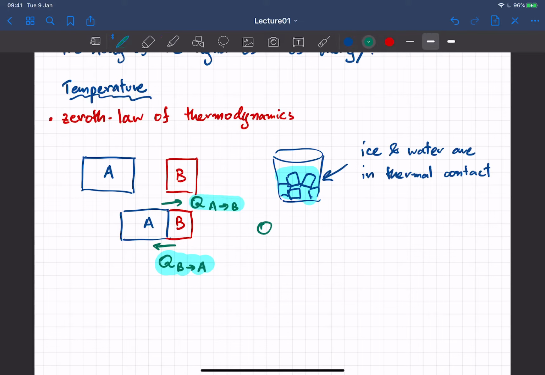So Q is the flow of energy. Sometimes we call this heat. And this is the definition of heat if you want. Heat is the flow of energy.